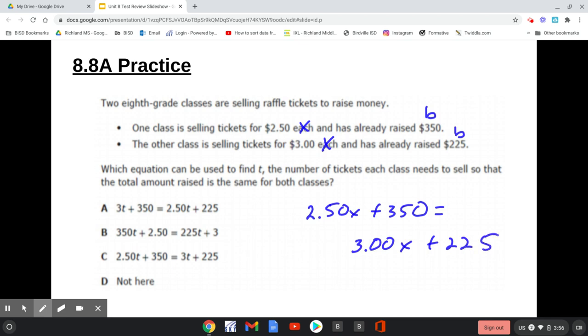We're looking for 2.5x plus 350, and they're using T for tickets. And this is not right. That is 350T, that is not right. 2.50T plus 350, that looks awesome. And the other one is 3T plus 225, which looks awesome. Your answer would be C.